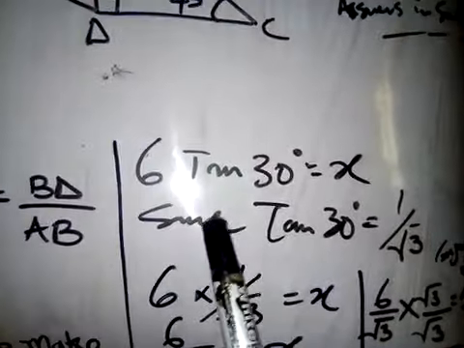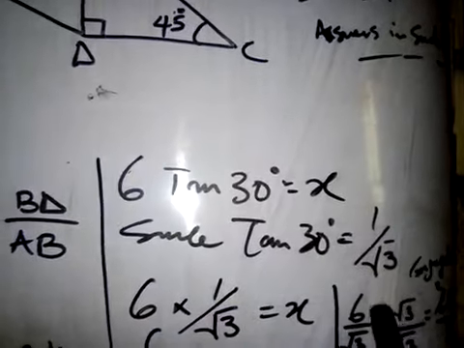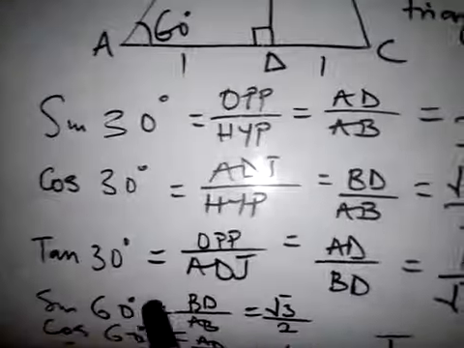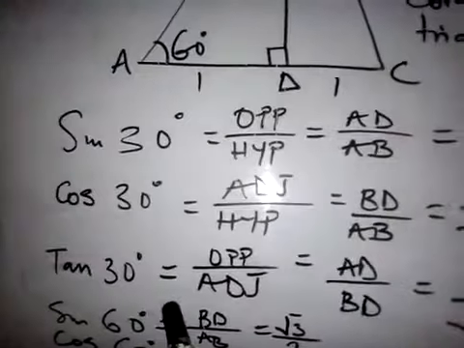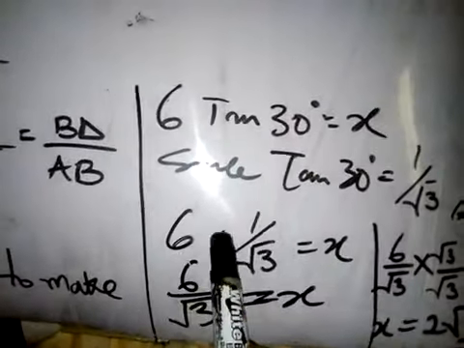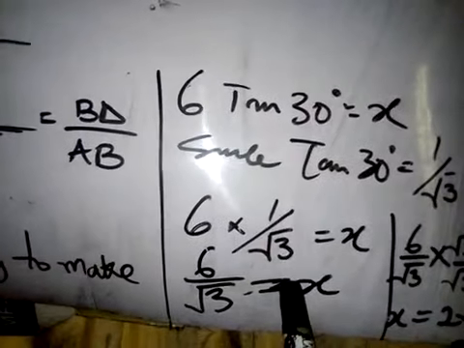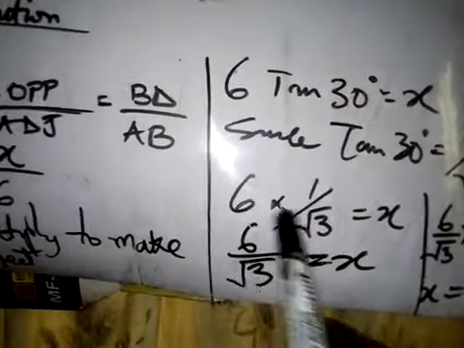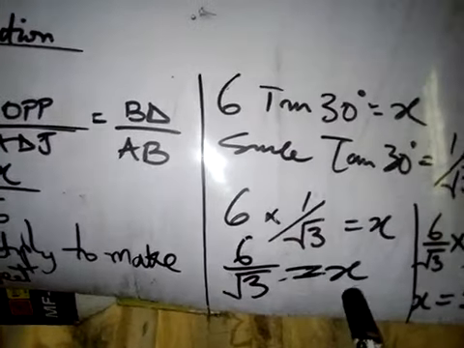Then don't forget, since tan 30 is equal to 1 over root 3, you can remember this from here. Just slot it in here. So we have 6 times 1 over root 3, which is equal to x. So we have 6 over root 3, which is equal to x.